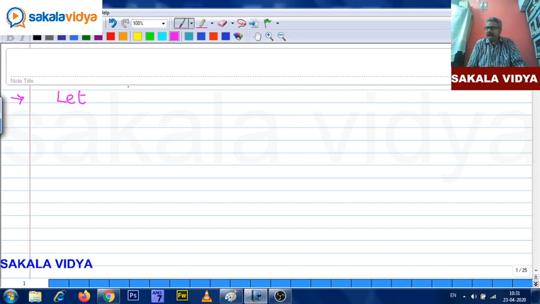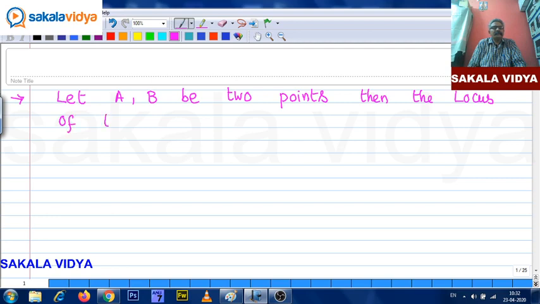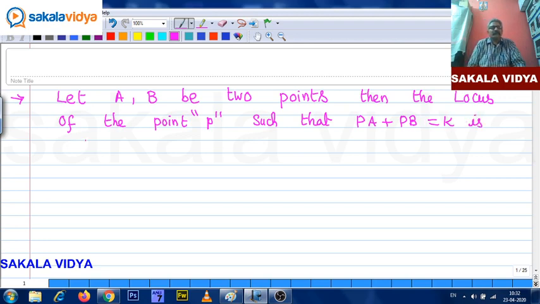Okay, next now the important points we need to remember. Let A, B be two points, then the locus of the point P such that PA plus PB is equal to k is, first point, an ellipse, providing the condition k greater than AB.